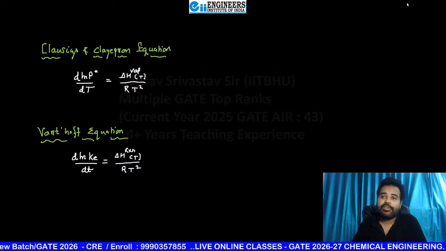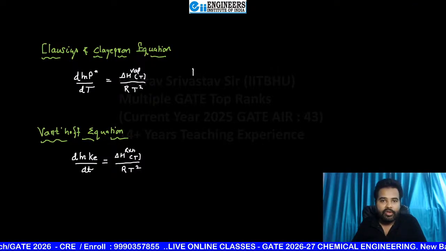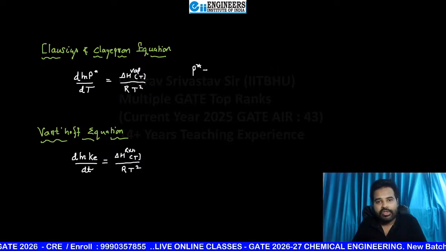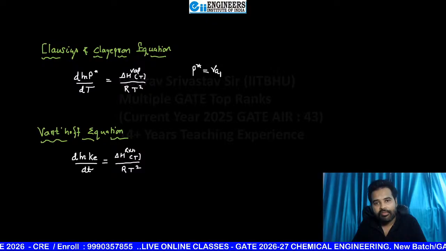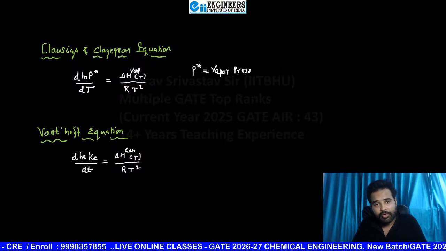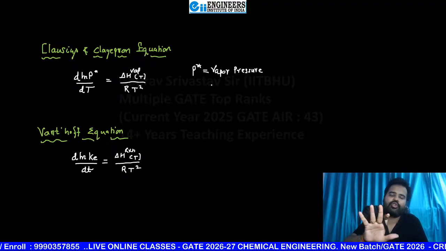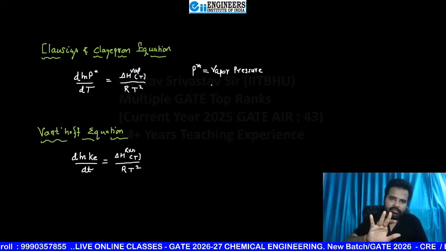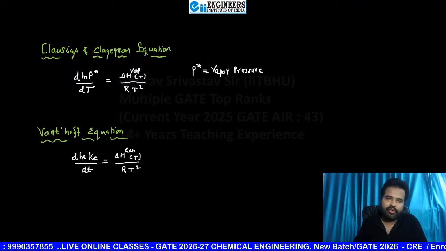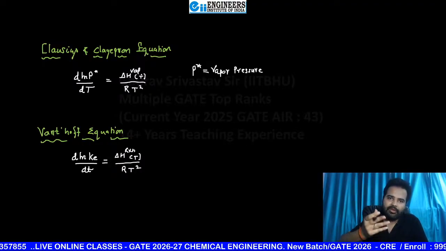So the first one is the Clausius and Clapeyron equation. Here P star is vapor pressure and delta H_vap is the heat of vaporization, the enthalpy of vaporization. You know this well, already discussed in process calculation, but we don't need it here. You just need it for a conclusion given by Arrhenius.